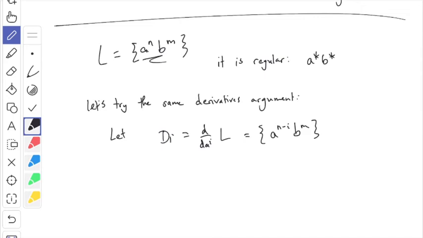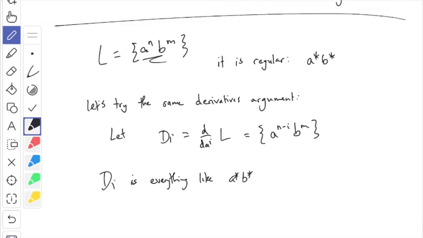Next in the proof, I would try to describe this set in words and then explain why it is that these sets are all different from one another. But actually, in this case, d_i is everything like a star b star. Ordinarily I would say where there's i fewer a's than there are b's.